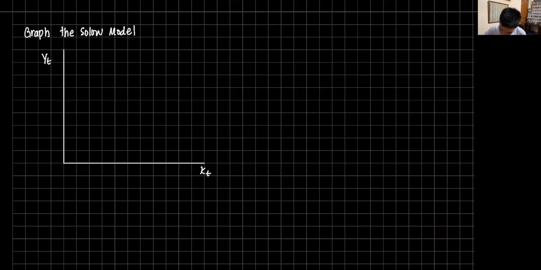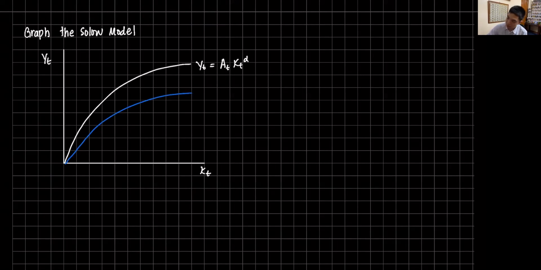Our first is the production function, which is strictly increasing but a concave graph here. That's Yt is equal to At Kt raised to alpha. And then we have It, our investment, which is, again, some proportion of this output.